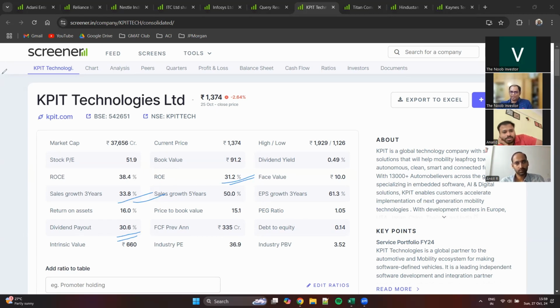So is it a good company to invest in? What determines that is understanding whether this company will actually maintain or sustain this growth for the next 3-5 years. That is the final study that one needs to do before investing into a company.